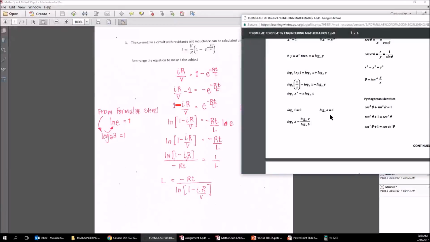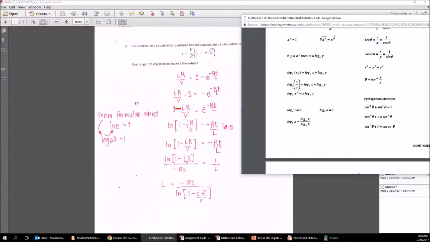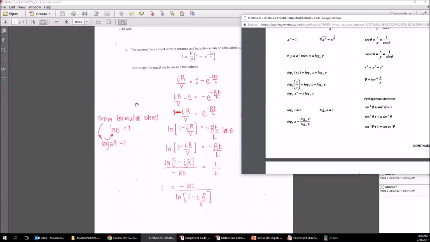Log to the base a of a equals 1. Now ln means log to the base e. So log to the base e of e is equal to 1. So that's log to the base e of e equals 1.